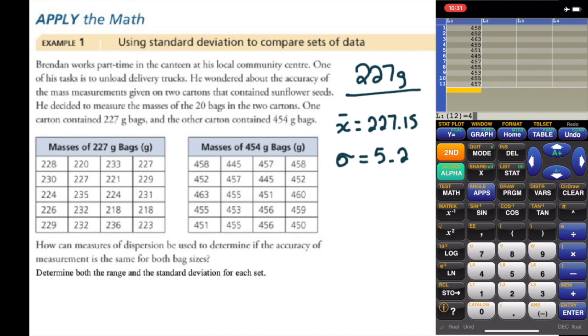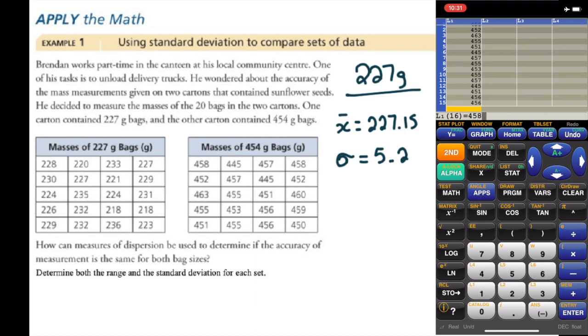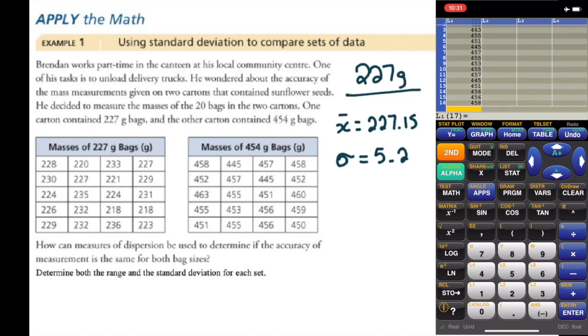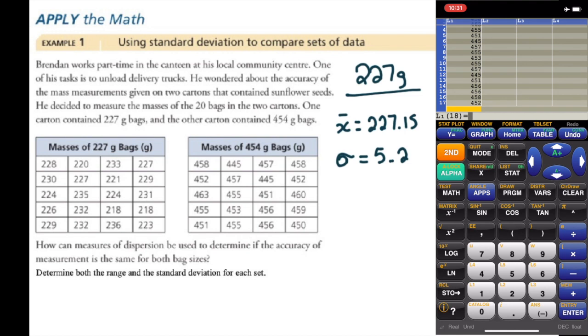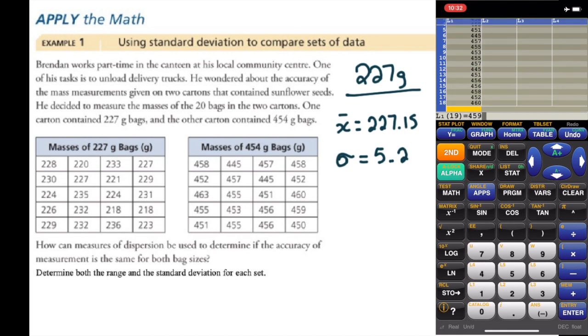But using the standard deviation that we got from the 227 gram bags, it would be a fair assumption to assume that the standard deviation would be double, since these bags are double the weight anyways, assuming they'd be the same amount of spread. It would also be reasonable to assume that the standard deviation would be similar, because if they're using the same machinery that is off by the same amount, it could be.